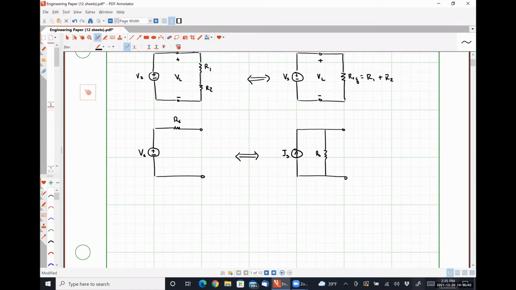Okay. The circuit on the left is what is called a practical voltage source. And our circuit on the right is a practical current source.